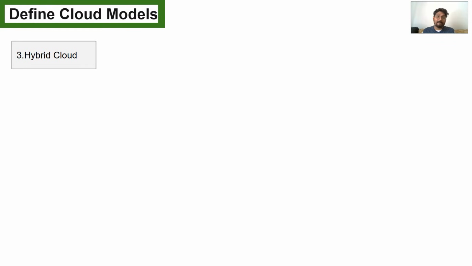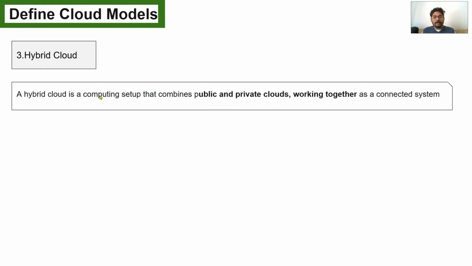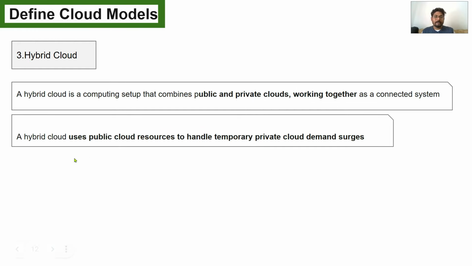Next thing is the hybrid cloud. Now what is a hybrid cloud? A hybrid cloud is a computing setup that combines public and private clouds. Private cloud is built for a single company. Public is anybody can use it. So a combination of both of these setups is known as a hybrid cloud, working together as a connected system.